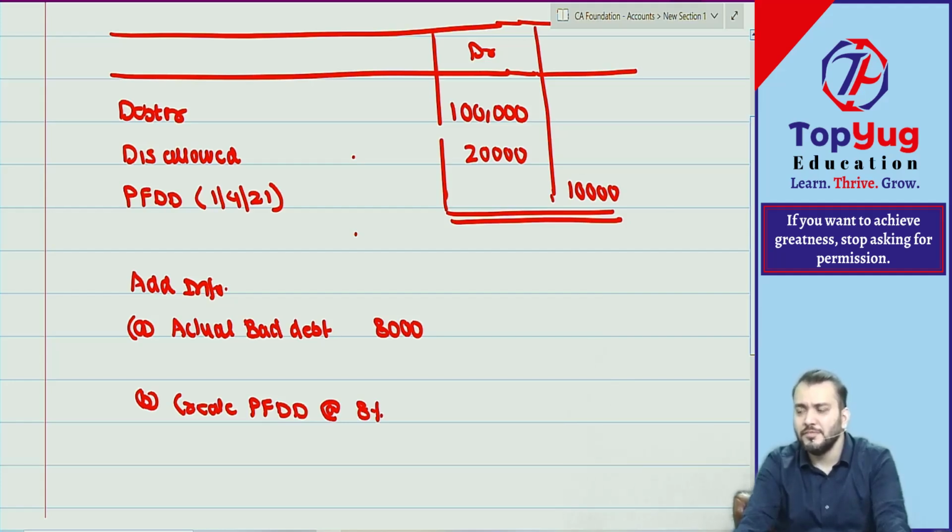Stand up. What is the journal entry for provision for doubtful debt? Why are you absent? Last class I was absent. Why have you not seen the backup?